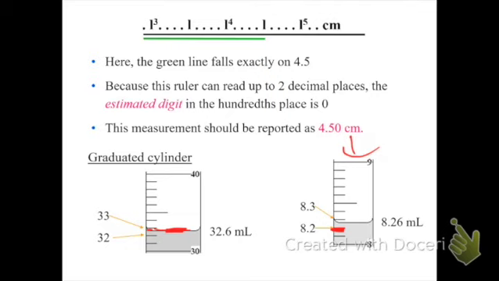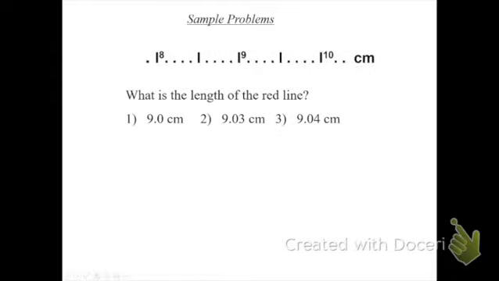That would be your three significant figures. You read the bottom of the line, like here. So it could be 8.27, as long as we only change the last digit. Any questions?